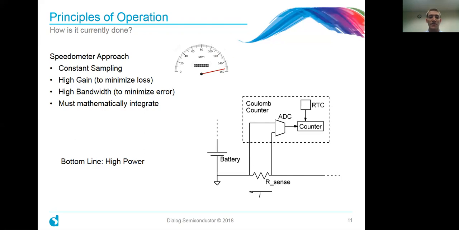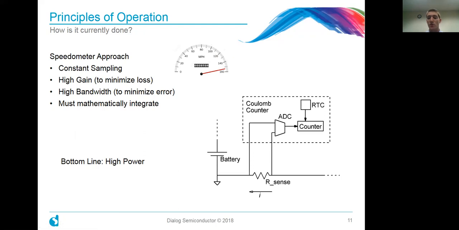And lastly, you have to mathematically integrate. So it's kind of like a discrete stepped integration where you sum over discrete steps, but there's a little bit of math involved, and you have to add in your counter over a given amount of time. So it's slightly more complicated in what it's doing. The bottom line is it's high power. This ADC, all of these analog configurable components are going to take up 200 to 300 microamps.